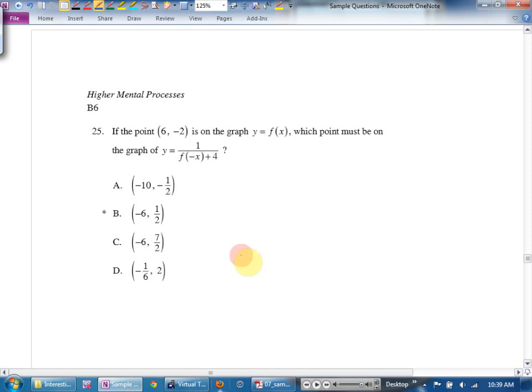Let's list the transformations now. I see that's a horizontal reflection, is it not? I see a plus 4. Is that inside the brackets next to the x? Then that must be a vertical 4 up.